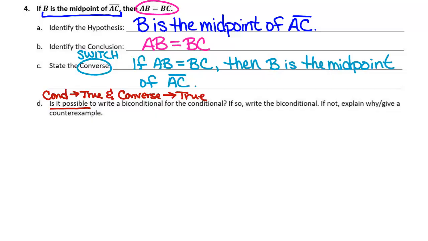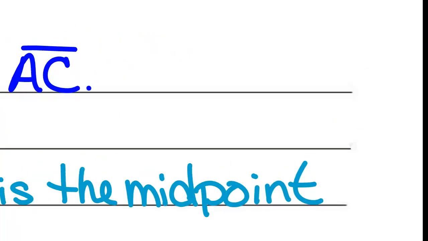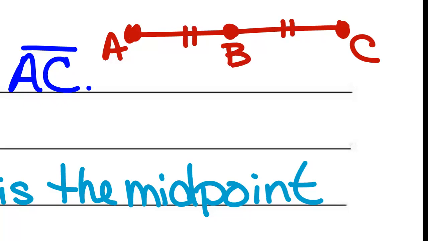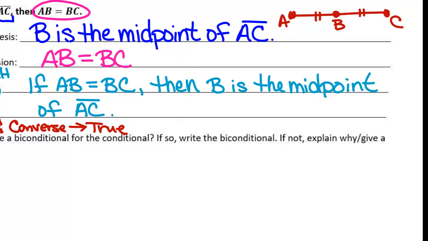If B is the midpoint of AC, let's sketch a quick picture. We have a segment called AC, and B is the midpoint. Are AB and BC the same length? Yes. So is that original conditional statement true or false? It's true.